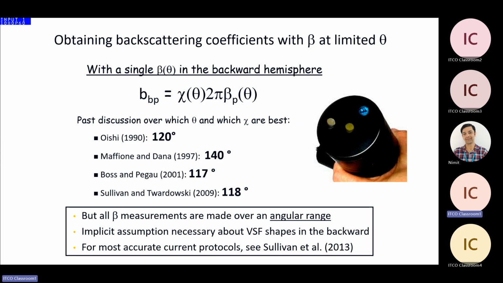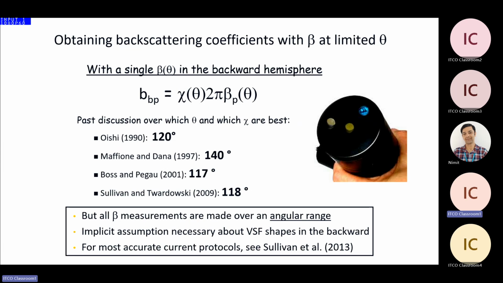So just the key points here, remember the beta measurements are always made over an angular range. And if you see a publication where this is beta 120, just always remember it's 120 degrees. Is it a wide angular weighting function or a small one? It makes a big difference, especially if you start to include some of that forward scattering, because as we saw, it's very, very forward peaked. There's an implicit assumption necessary about VSF shapes in the backward direction.